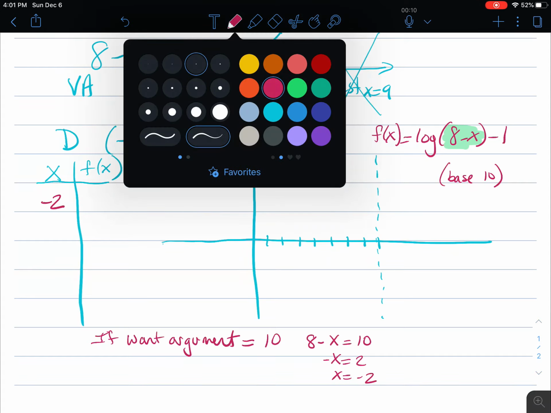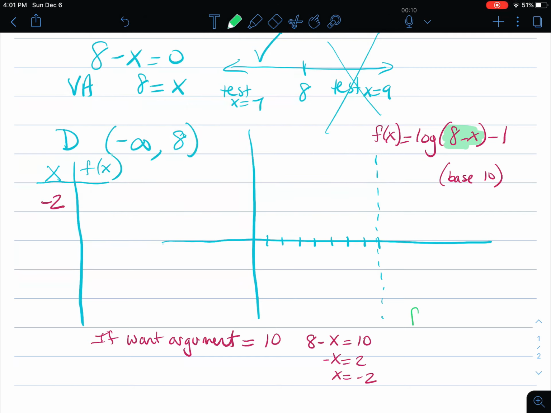Now when I plug that in, we're doing f of negative 2. That's log of 8 minus negative 2, minus 1. Order of operations says I do what's in the parentheses first, which gives me a 10.